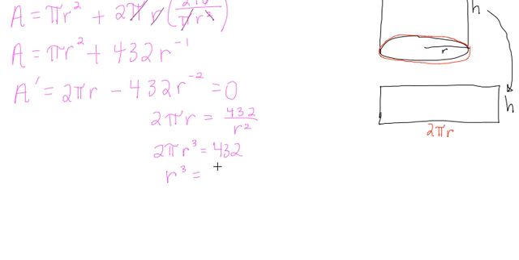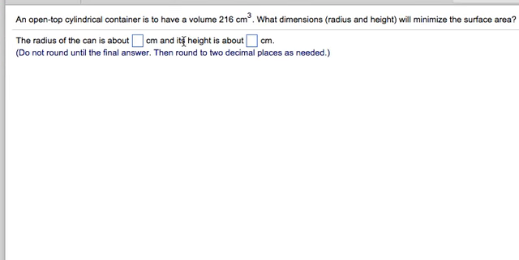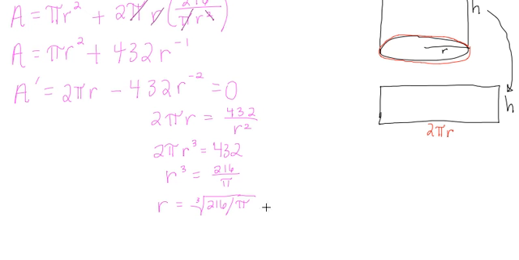So r cubed is, 432 divided by 2 is 216, so 216 divided by pi. So the exact value of the radius is the cube root of 216 over pi, which is going to be a messy decimal. We want to round to 2 decimal places, don't round till the end. Okay, so that's our exact value of r.